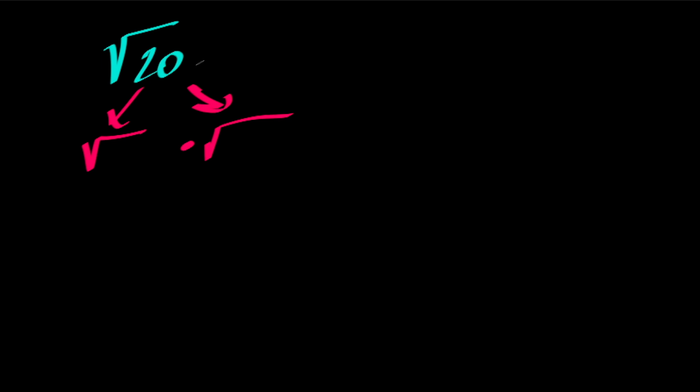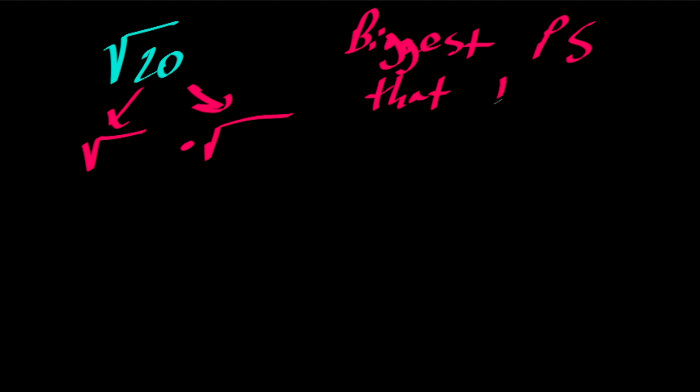What we want to look for is the biggest perfect square, PS, that divides 20. The factors of 20 are 1 and 20, 2 and 10, 4 and 5. If we pay attention to those factors, 20 can be divided by 4, and 4 is a perfect square.